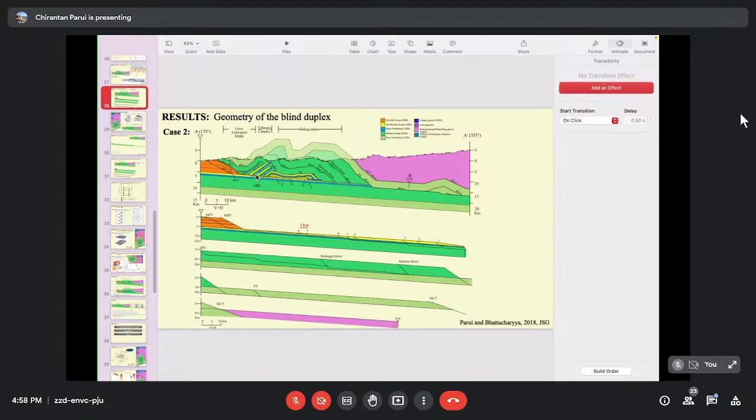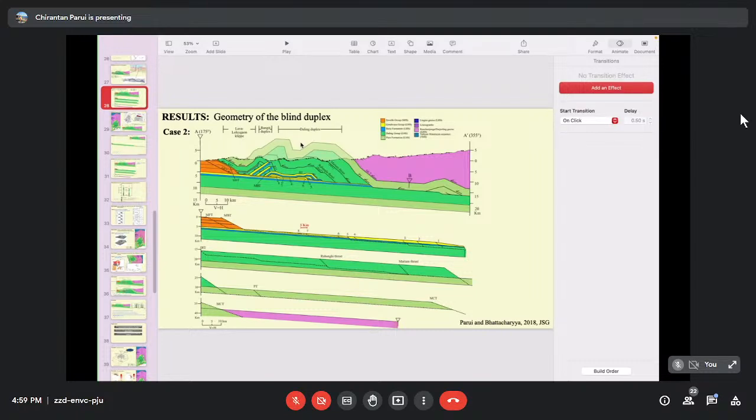This is one of the ways which can explain the surface geology. There could be many other ways. You can come up with a very different one than mine and explain the same surface geology that we observe in Sikkim Himalaya. This is one of the non-uniqueness aspects of constructing a balanced cross-section: how do we go about constraining the subsurface structures?